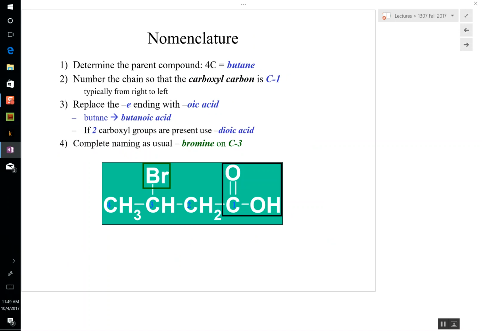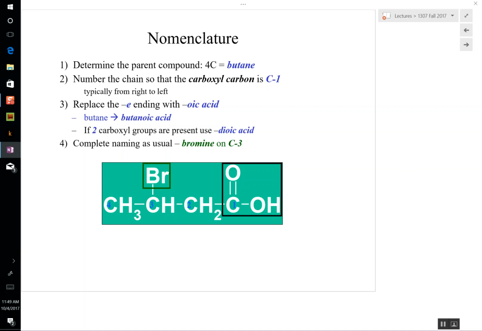Okay, nomenclature. IUPAC nomenclature, basically, is what I'm talking about here. Longest chain, go back to the alkane, it'd be butane. Drop the E and add OIC and acid. So we're going to call this butanoic acid. We don't just call it butanoic, it's butanoic acid.